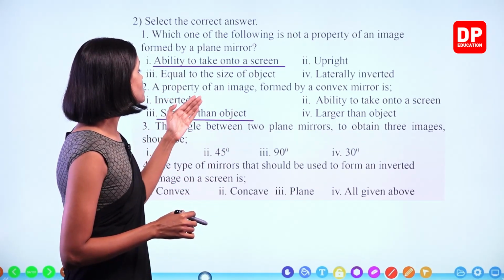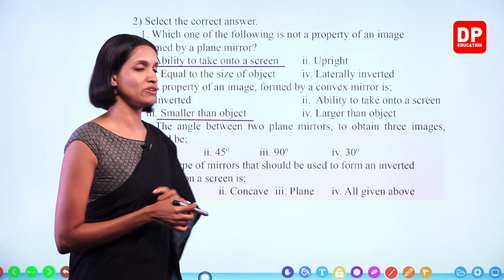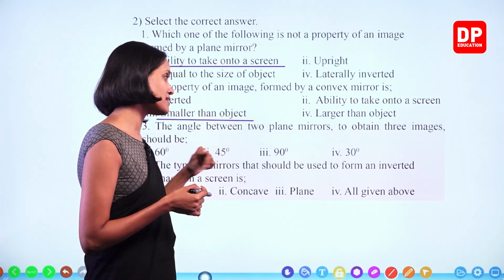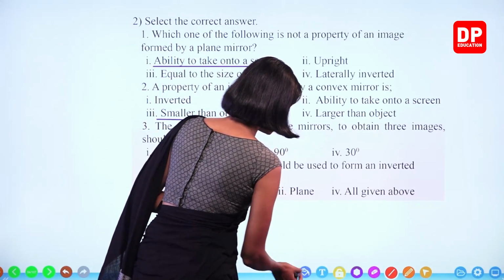The angle between two plane mirrors to obtain three images should be. Now if you remember this one, you can just underline it has to be 90 degrees, right? So I will show you.